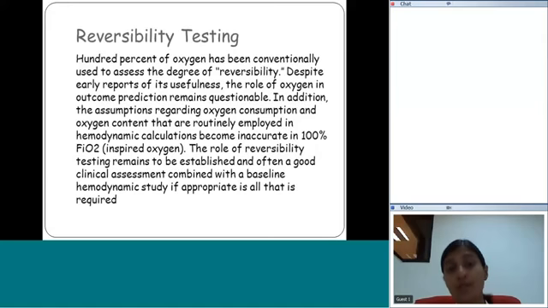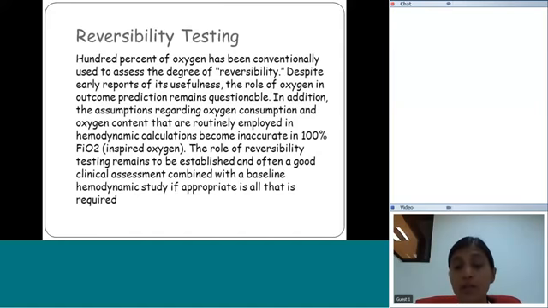And nitric testing has not been shown to give us any further answers to this question. So, although there is perhaps some additional information that you gain from reversibility testing, I'm not sure that its value has been totally proven yet. Okay.